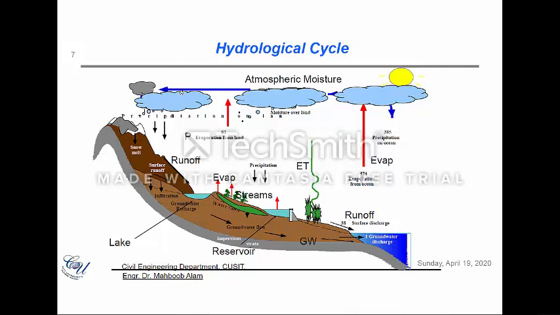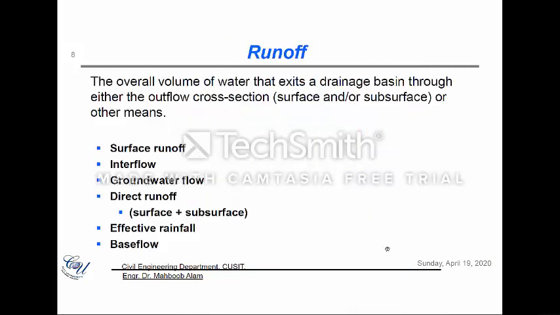We are looking at the precipitation that is occurring, and then due to energy that is coming from the sun, there would be evapotranspiration, and then ultimately different processes would occur and runoff would generate. Now that we know that runoff is being generated, we can at least guess what would be the factors that would be affecting the runoff. And these are the things that we are going to look into.